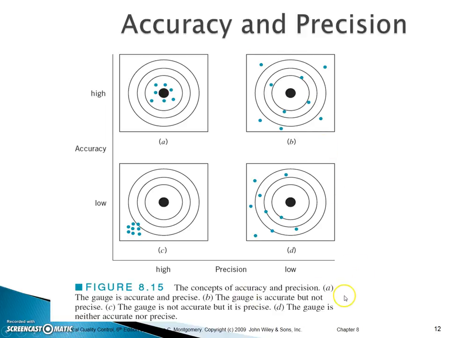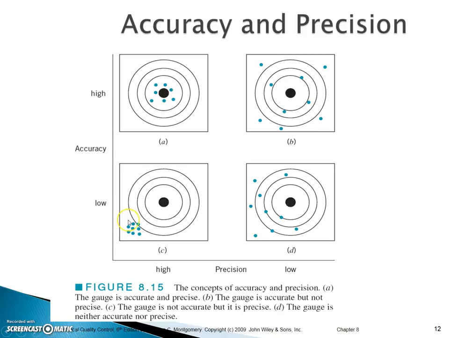So we want to be sure that we have a gauge that is accurate and precise. However, our GaugeR&R analysis will tell us about precision, how little or big our variability is, but it won't tell us about accuracy. It won't tell us if this measurement of 20 ounces is the actual.